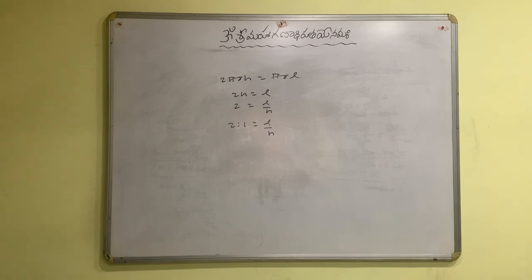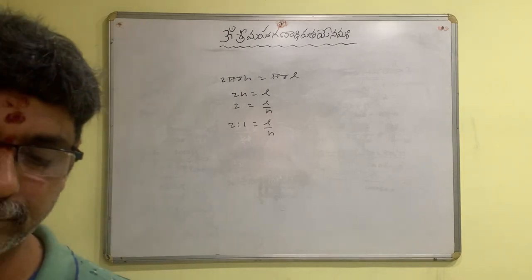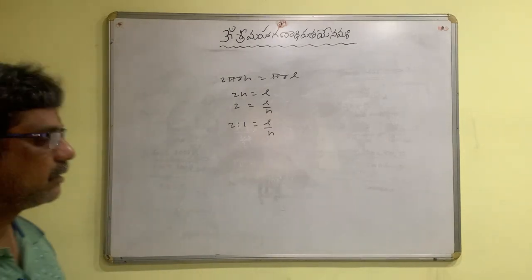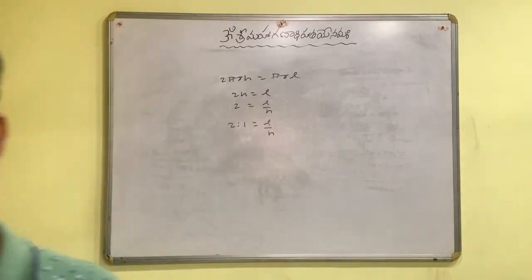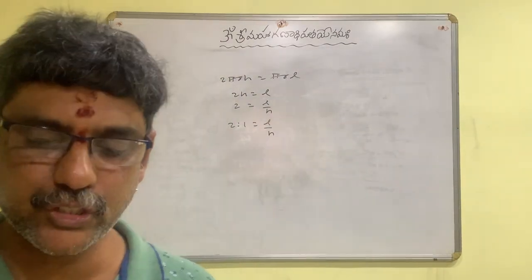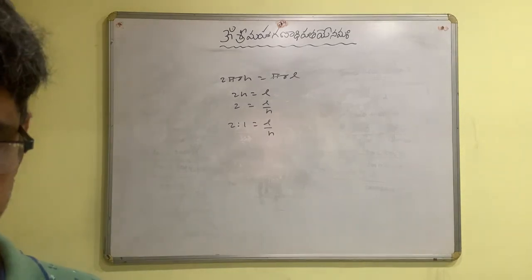Radii are equal and CSA are also equal. He is asking l by h, which is 2 is to 1.